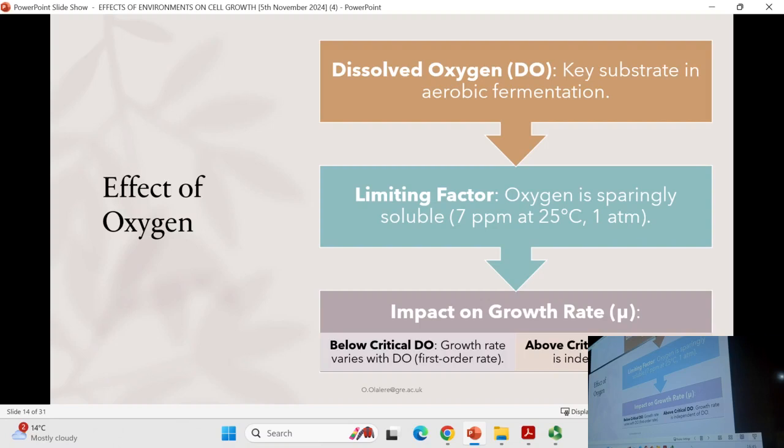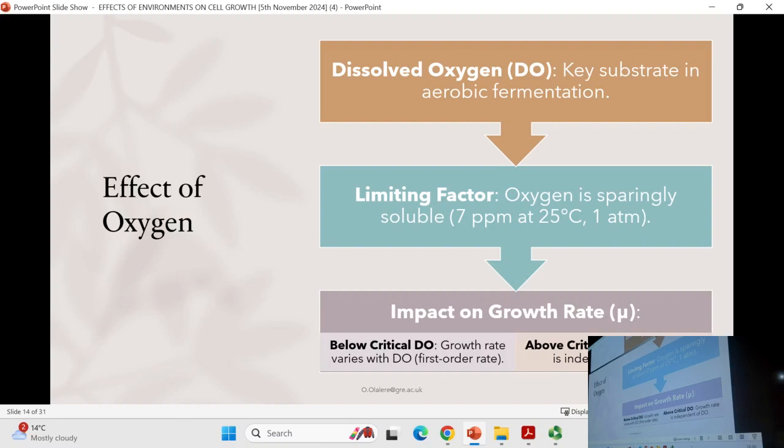Below the critical DO, growth rate varies with DO. But above the critical dissolved oxygen, growth rate is independent of dissolved oxygen.